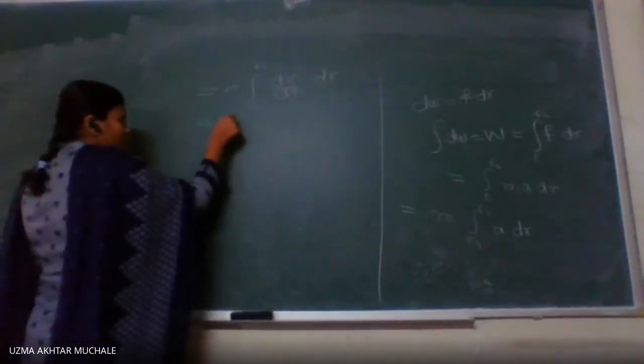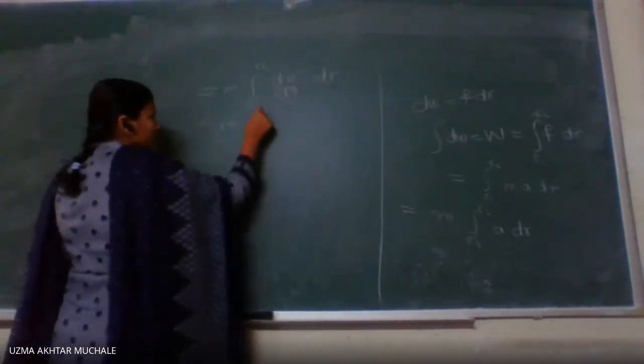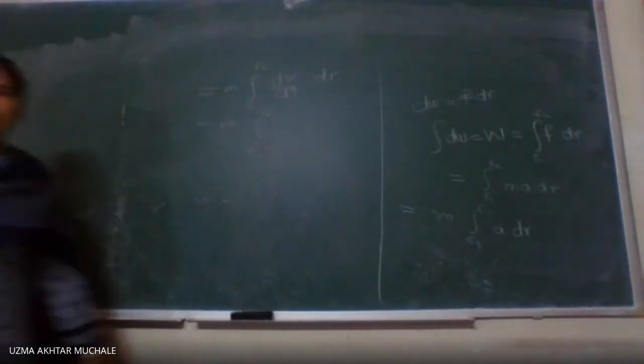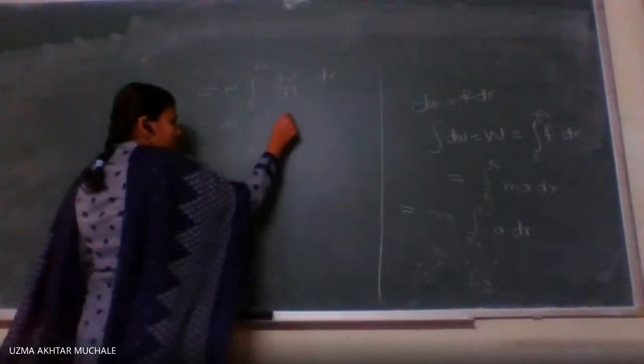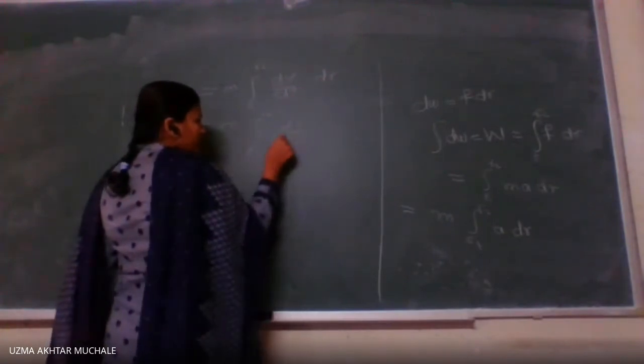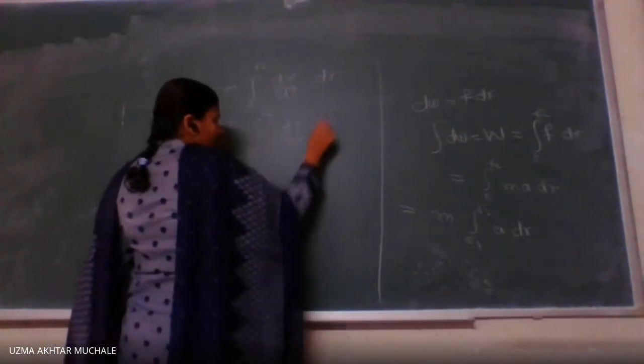So we have a formula for velocity also. What is the formula for velocity? It is nothing but the rate of change of the position vector. So if we want to find dv by dt, we will write it in the form of r: dv by dr and dr by dt.